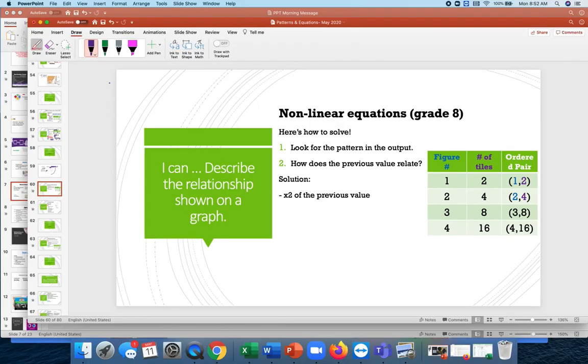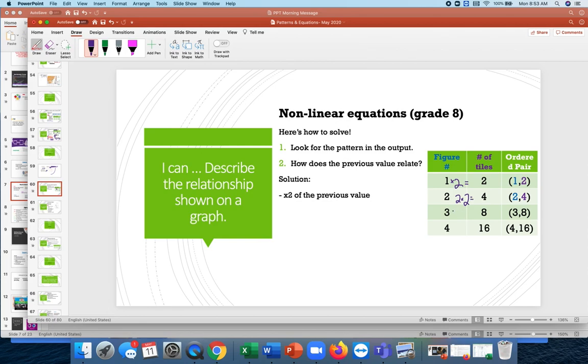But this is the cool thing. If we wanted to figure out the expression, basically what's happening here is we have 1 times 2, which is 2. This one, we have 2 times 2, which is 4.